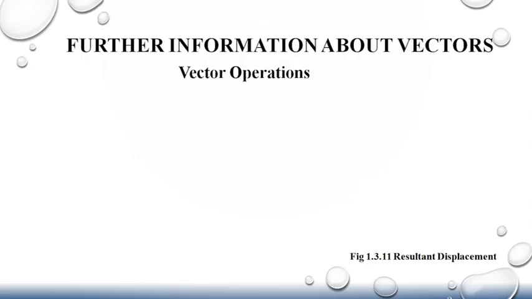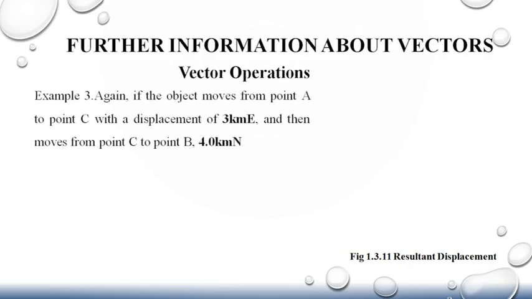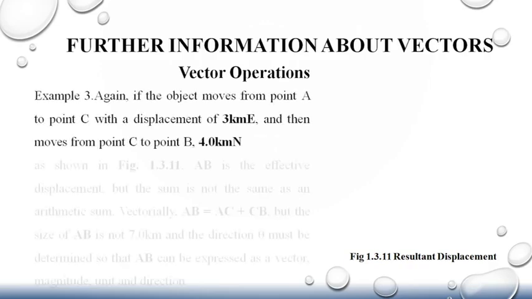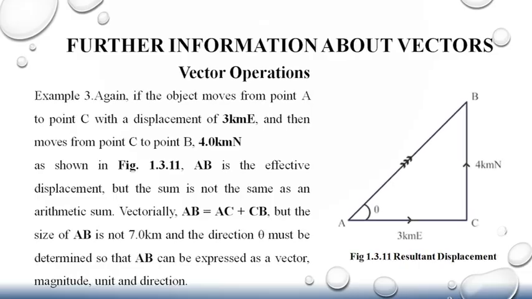Again, if the object moves from A to point C with a displacement of 3 kilometers east and then moves from C to point B with 4 kilometers north, as shown in figure 1.3.11, AB is the effective displacement, but the sum is not the same as an arithmetical sum.